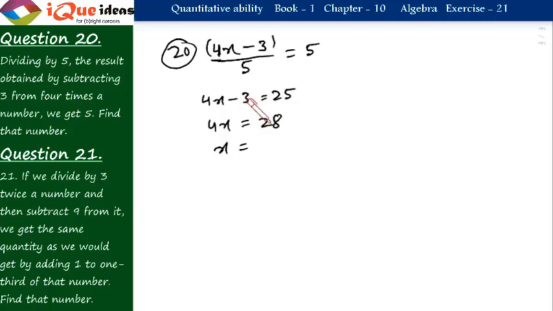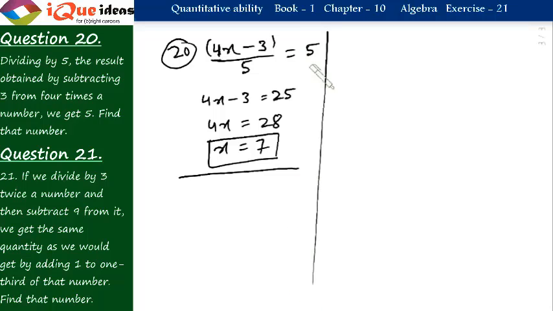So it is 4x equal to 28. So x is equal to 7. So the required number is 7. Alright. So that's how we find the answer. Now question number 21.